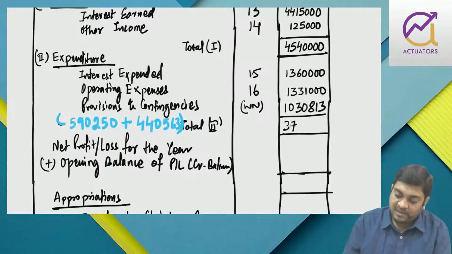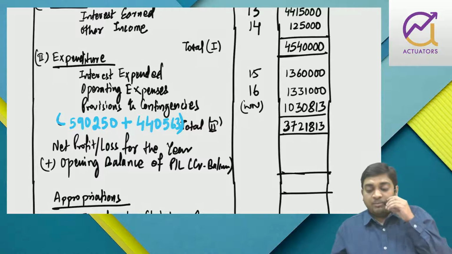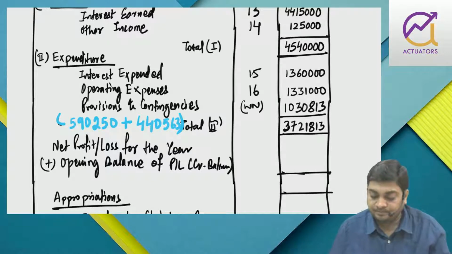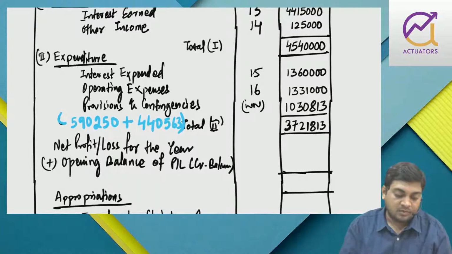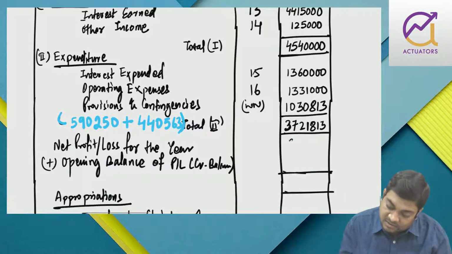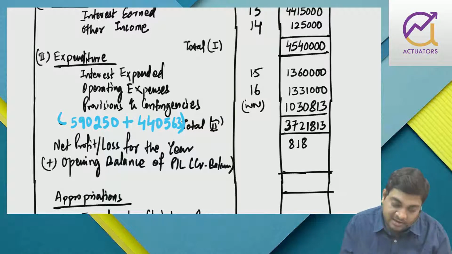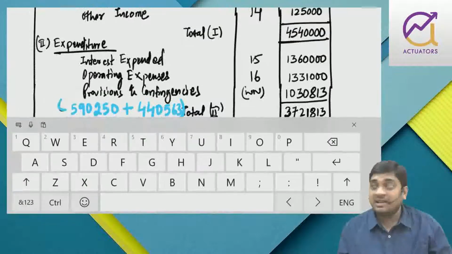So it is 37 lakh 21,813. So what is my profit for the year? 45 lakh 40,000 minus this. So it is 818,187. Yes or no?